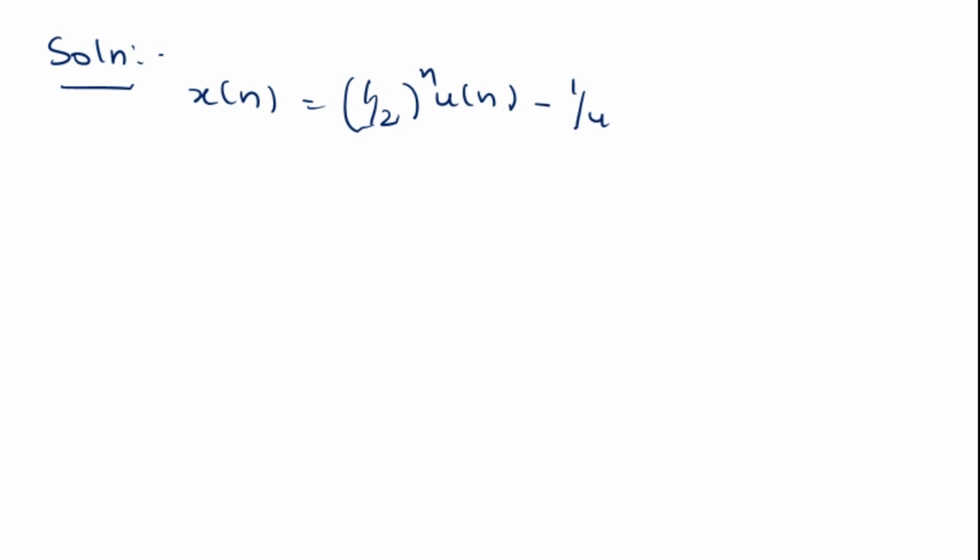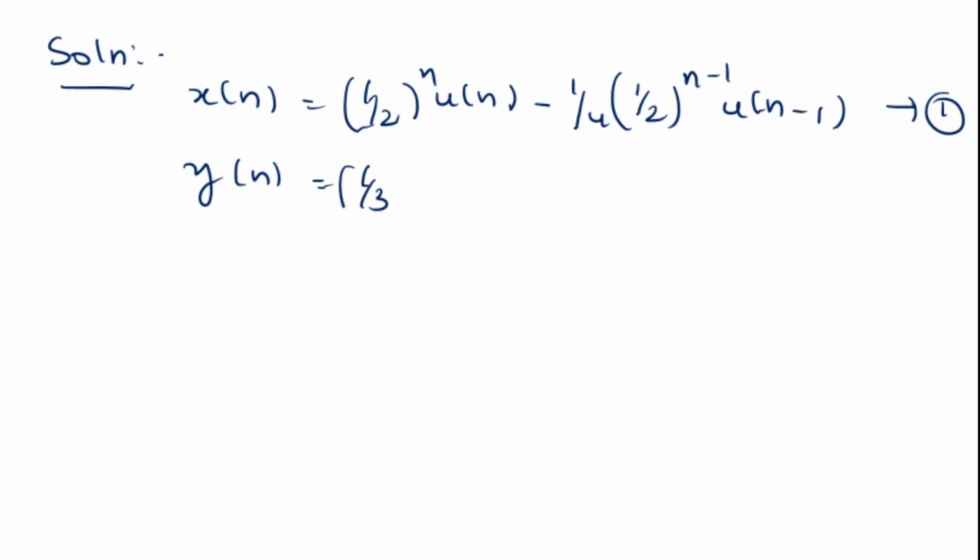So it is given x of n is half to the power n into u of n minus 1 by 4 into half to the power n minus 1 into u of n minus 1, equation number 1, and y of n is equal to 1 by 3 to the power n into u of n, equation number 2.